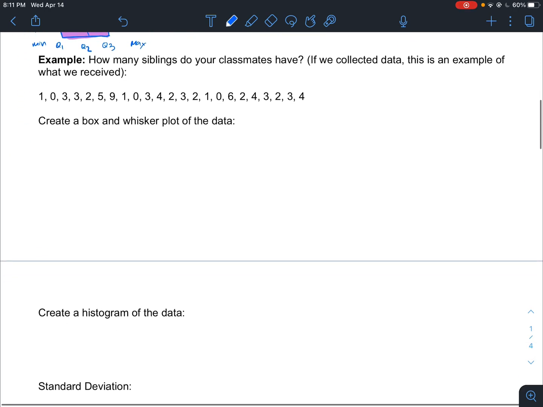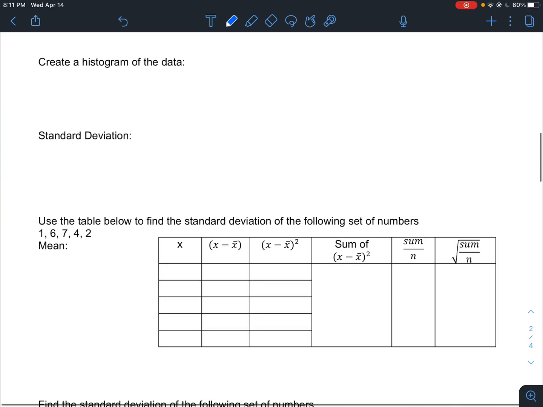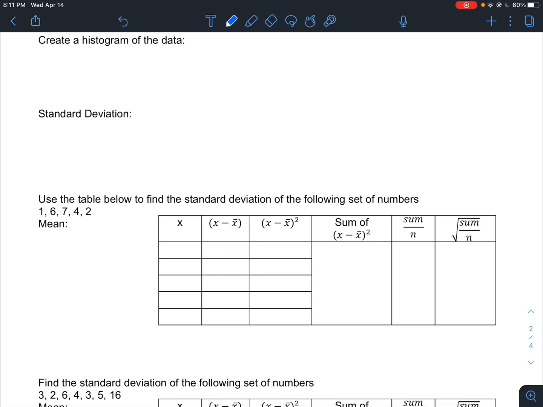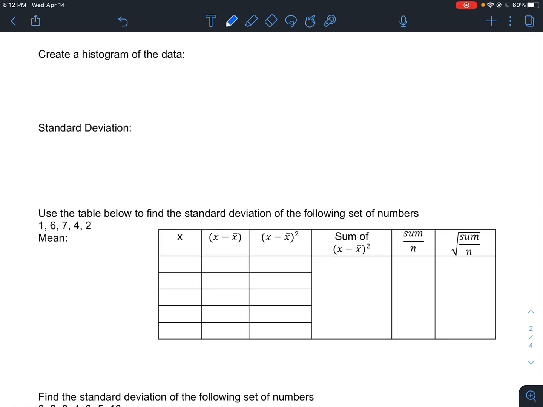Okay, so let's come down here for just a second before we move on to some examples. The standard deviation, I wanted to define this first. The standard deviation is the average amount of variability in your data set.